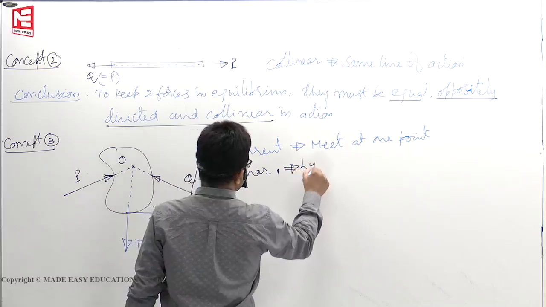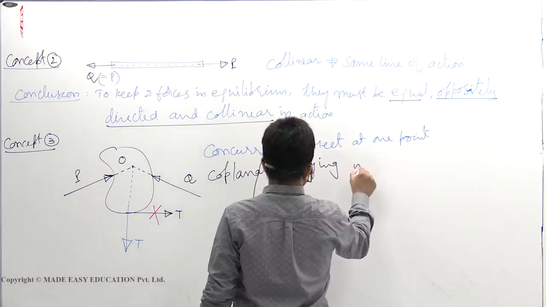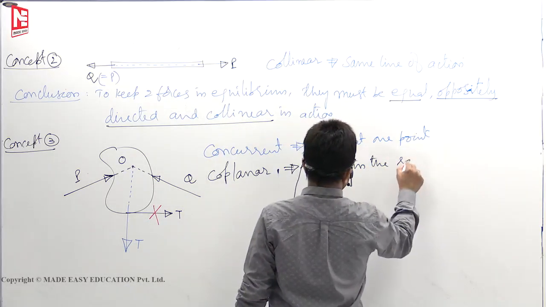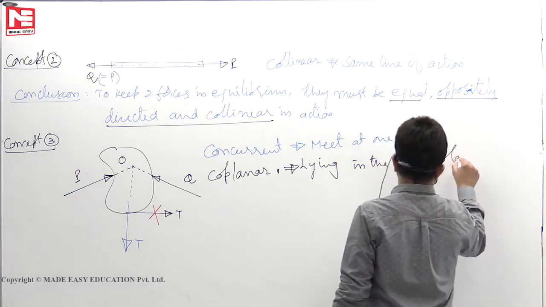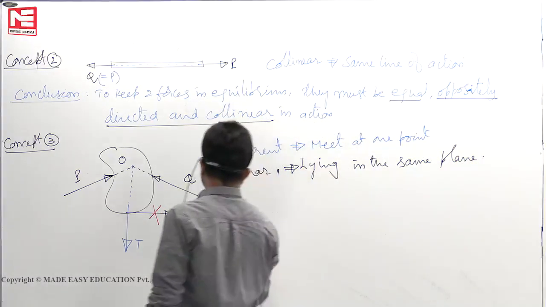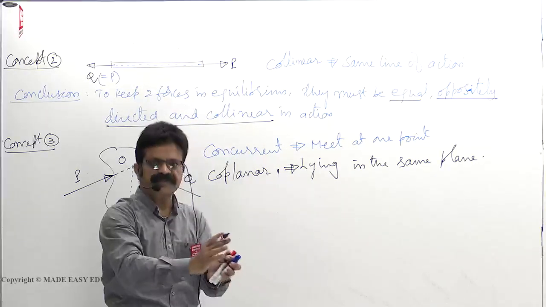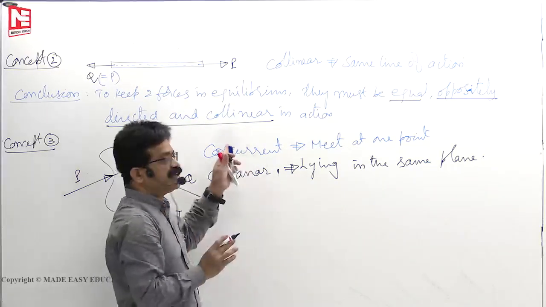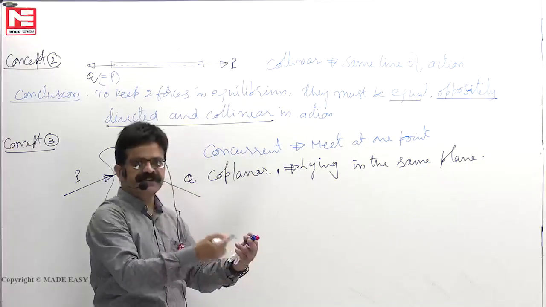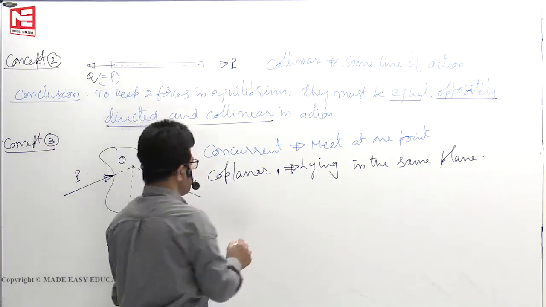Coplanar means lying in the same plane. So, if they don't lie in the same plane, rigid body translation. If they are not concurrent, rigid body rotation will take place.